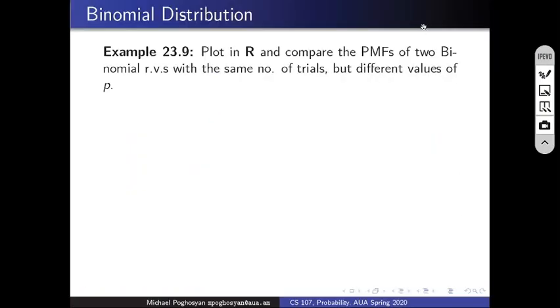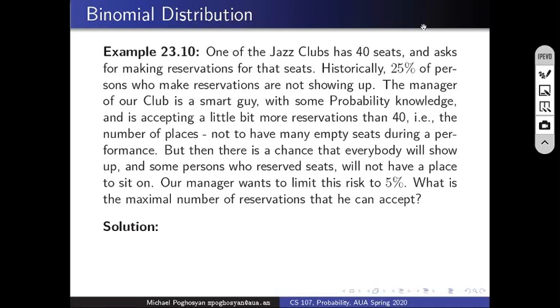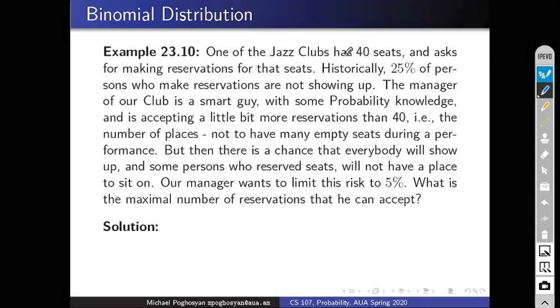Okay, so let's move back. Binomial distribution, the next example. One of our jazz clubs has 40 seats, say, and is asking for reservations for those seats. Historically, 25% of persons who make reservations are not showing up.